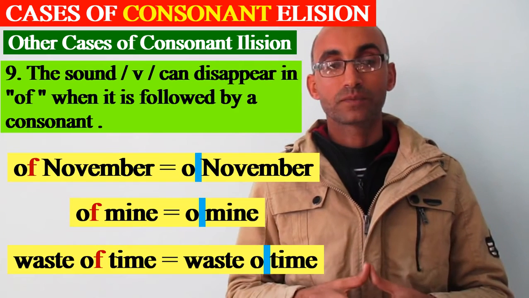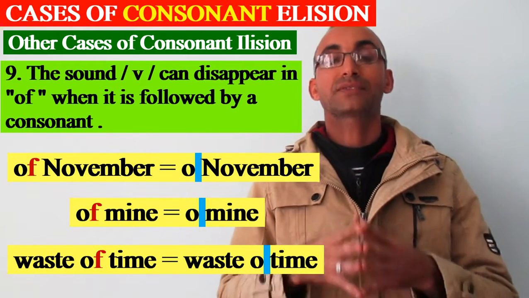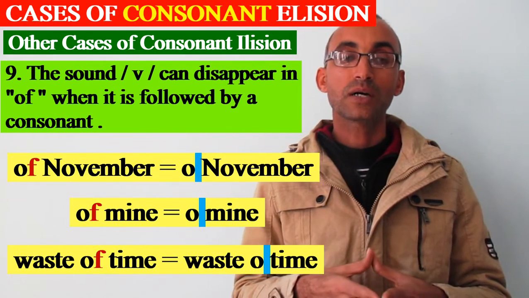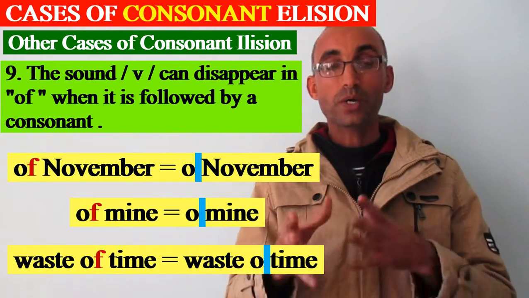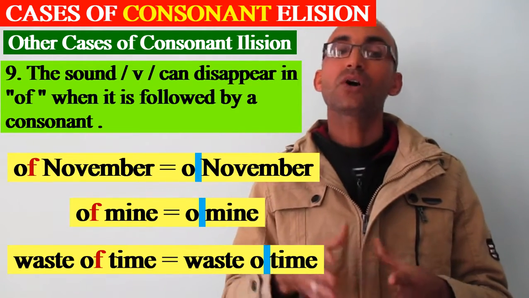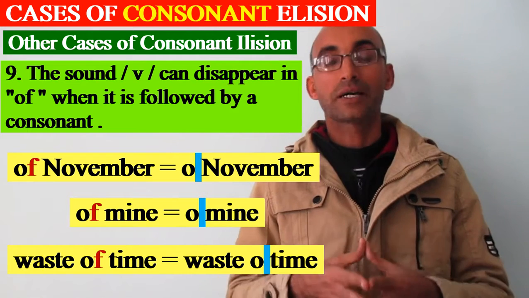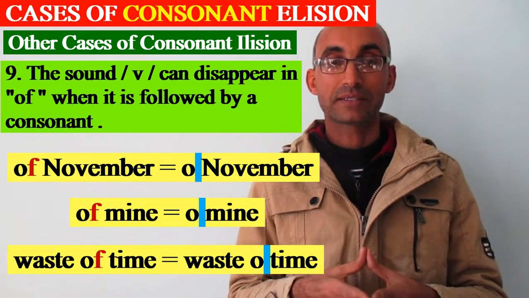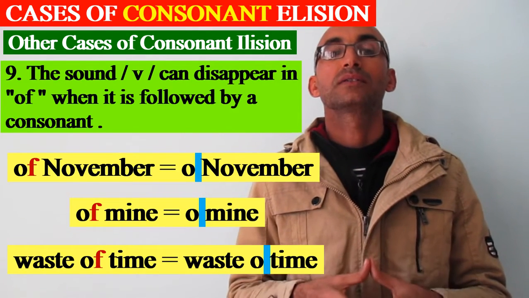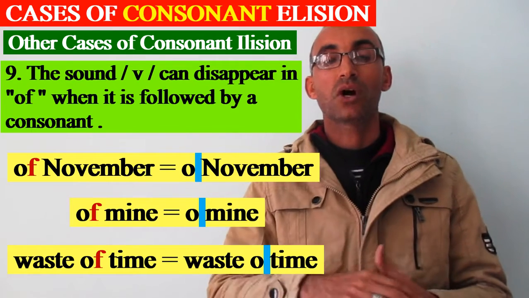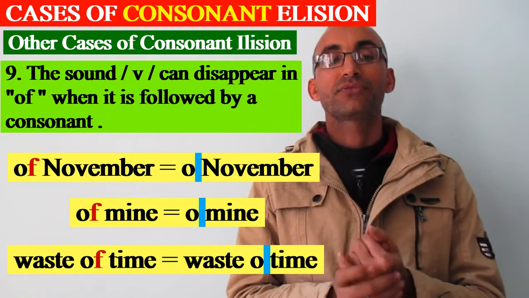Also, waste of time. So here also, in waste of time, we omit the va in of time. We say waste of time, right, and we remove the va to ease the pronunciation of this phrase.